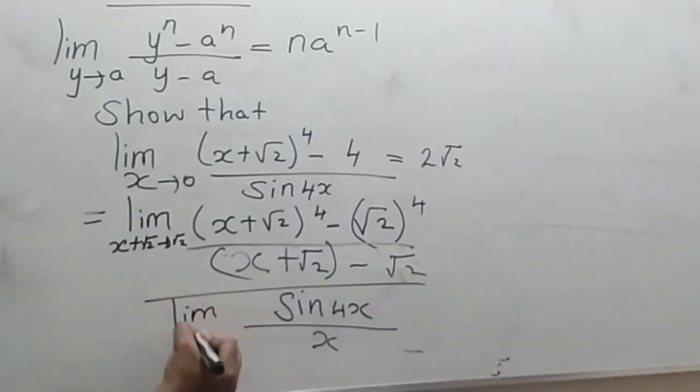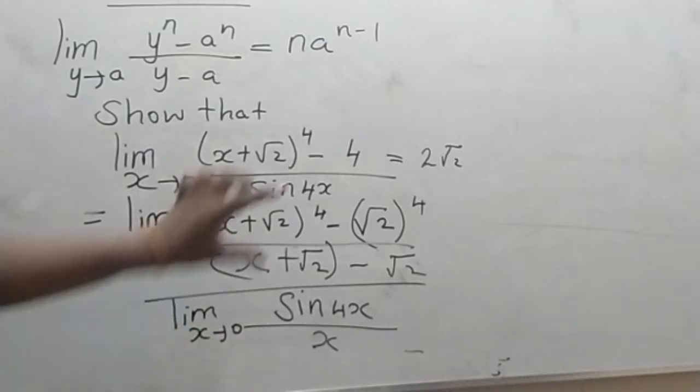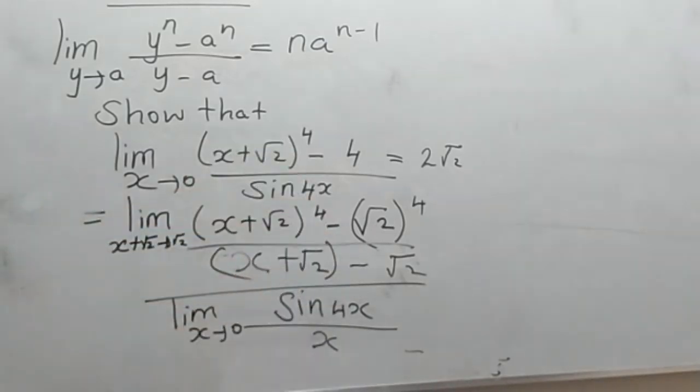Limit of x tends to 0, sine x over x is only 1. If there is 4x here, there should be a 4 here. So I am dividing by 4 and multiplying by 4. See? So in this question, the key idea is how to set it into this format.